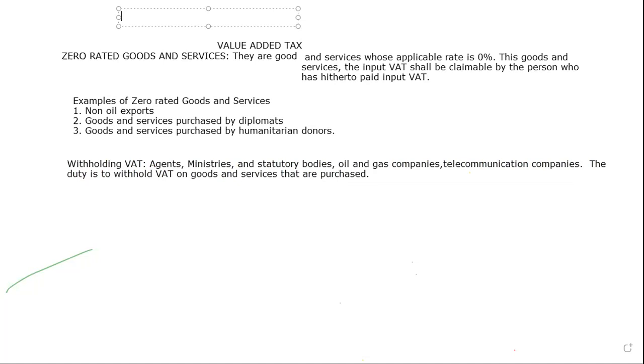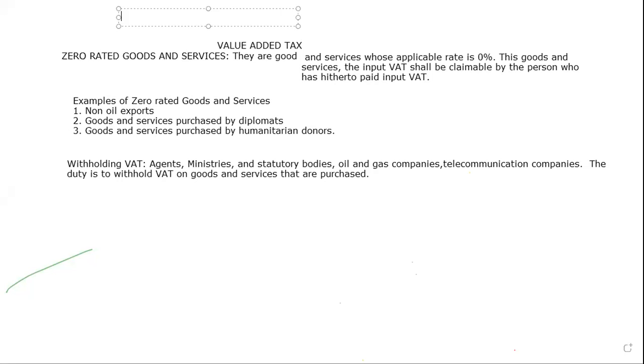Let's say Miss Kiat is company A and Abbas is company B. If Miss Kiat is a company earmarked by the government to withhold VAT, then if Abbas sells to Miss Kiat, she will not pay the total value of goods and services back to Abbas.